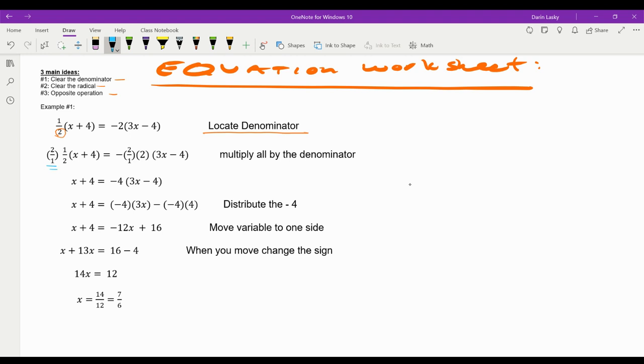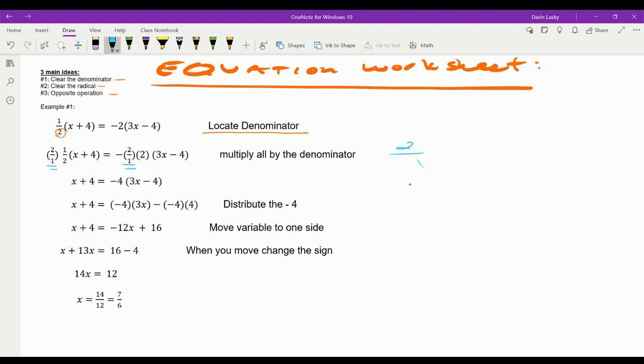So we've got 2 over 1 here, 2 over 1 here. The reason it's 2 over 1 is because when you take a whole number like 2, don't forget it's 2 over 1 as a fraction. Since we're multiplying by 2, we have to make sure it stays as a fraction.